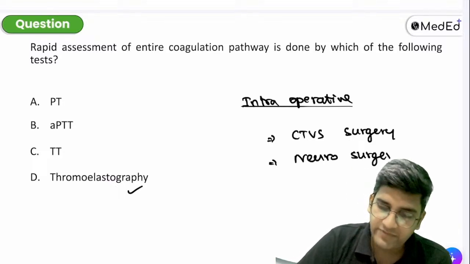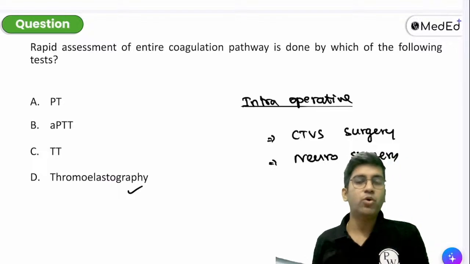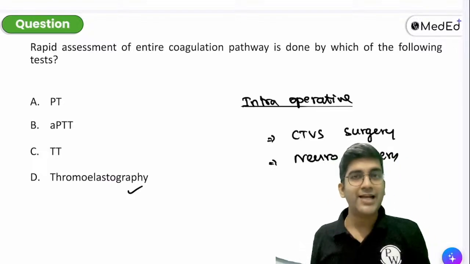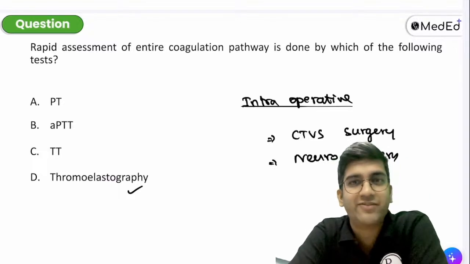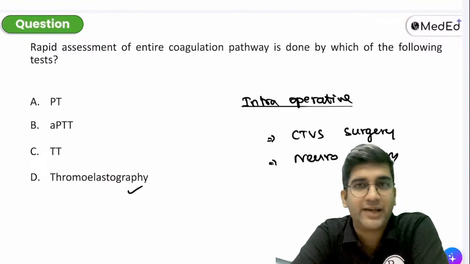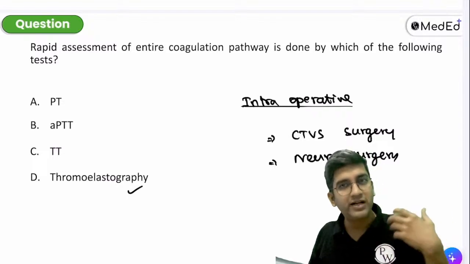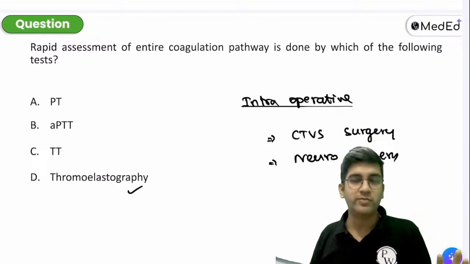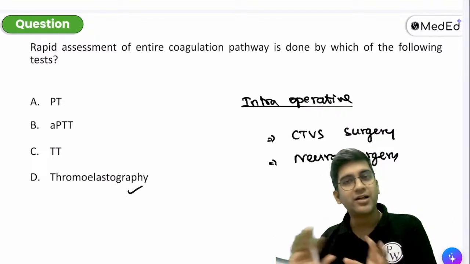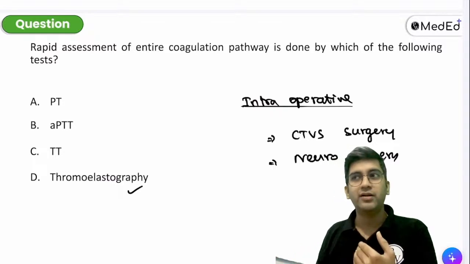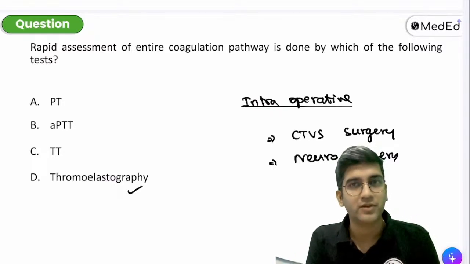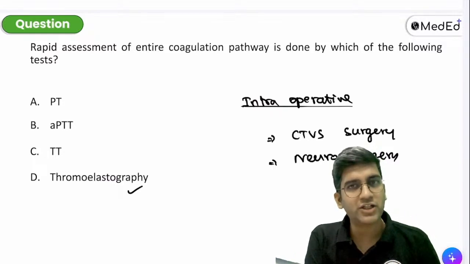The reason why CTVS and neurosurgery is required is that both cardiothoracic surgery and neurosurgery operations go for 6-7 hours. Very long time. Lots of blood will be pushed inside, lots of blood loss will be there. So when I'm giving, let's say, 10 units of blood to a patient, will blood have clotting factors or not?